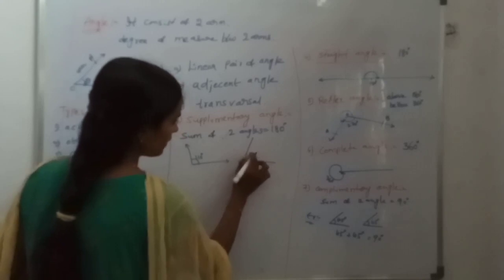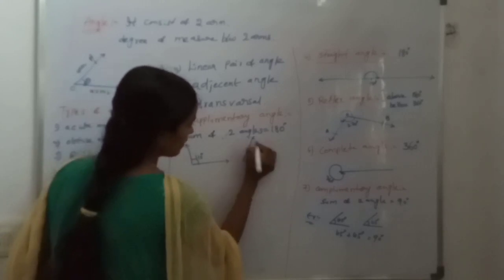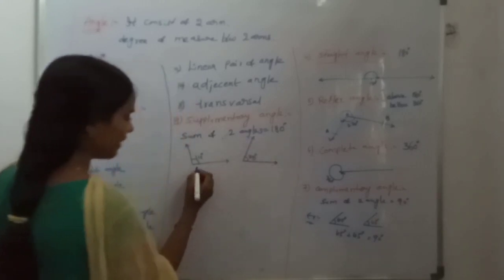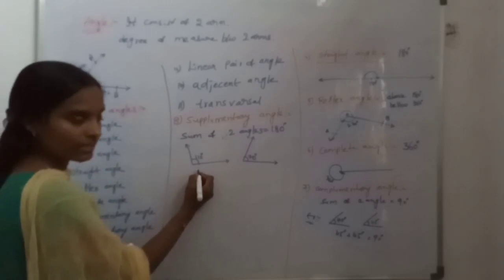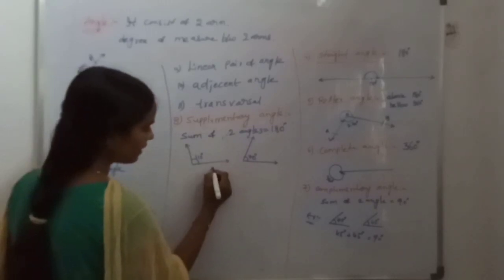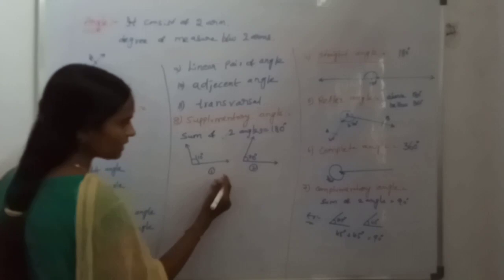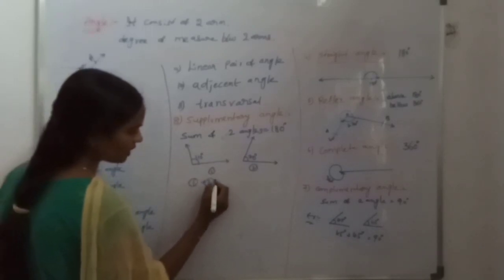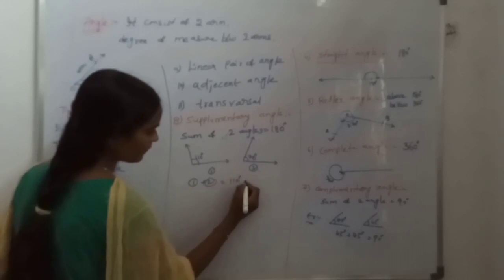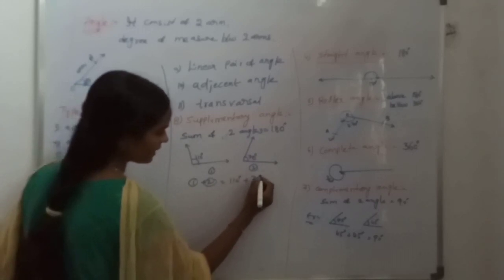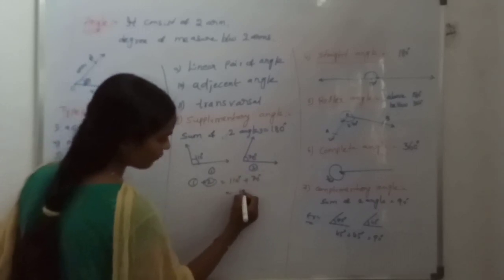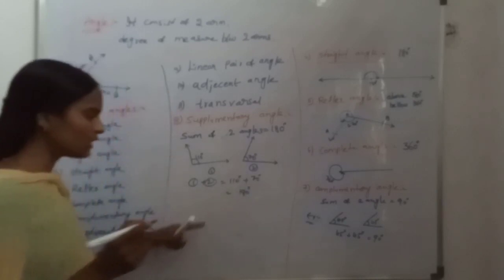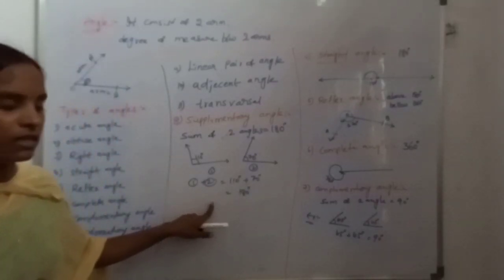The sum of the two angles, angle 1 plus angle 2, equals 110 plus 70 degrees. What value is coming? 180 degrees. Okay, this is the supplementary angle.